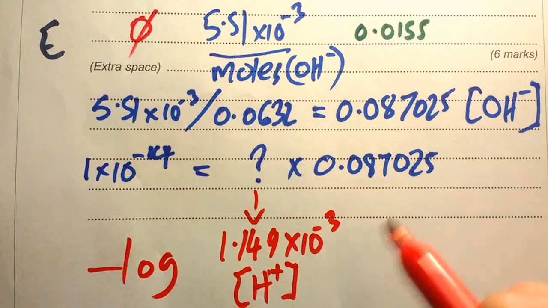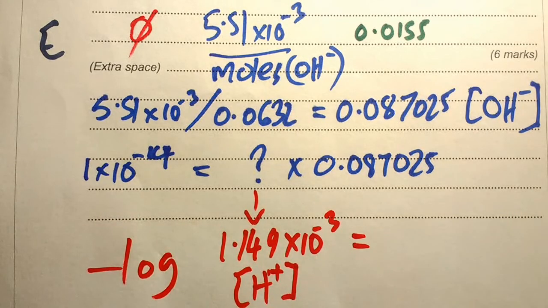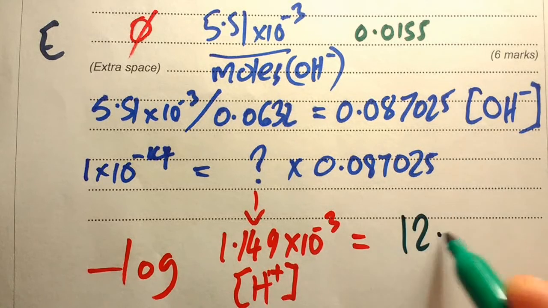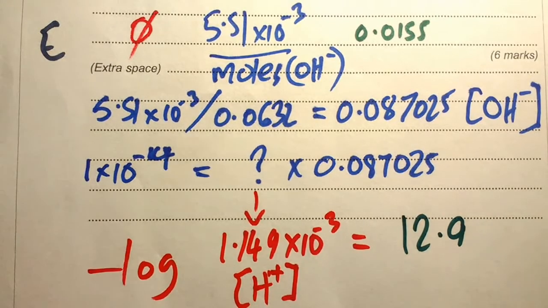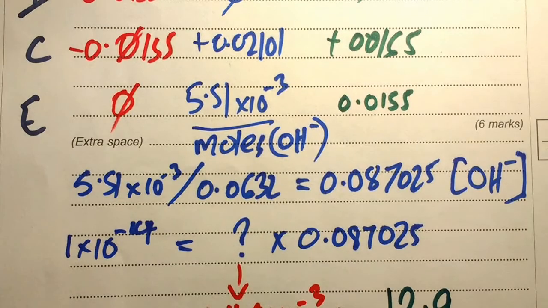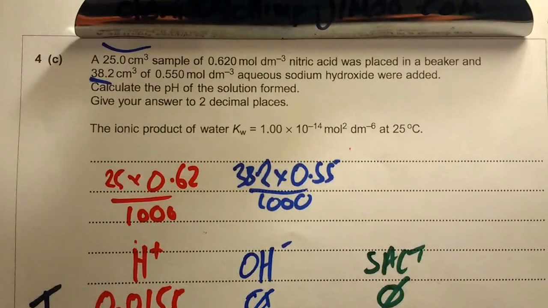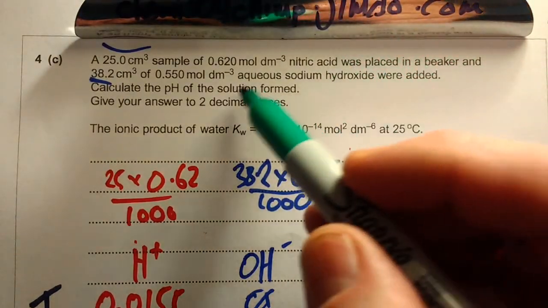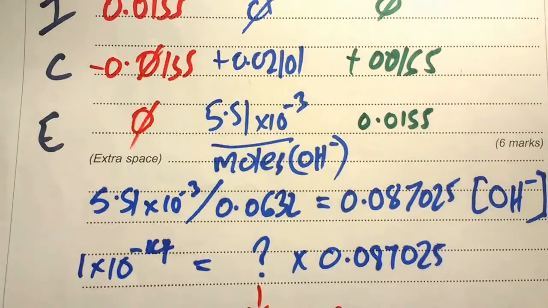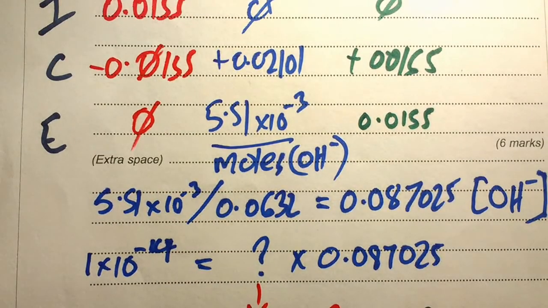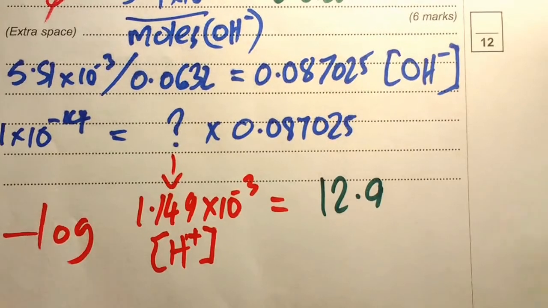If we do minus the log of that, we will get 12.933, whatever it is, but remember, it wants the answer to 2 decimal places. So we should go for 12.9.